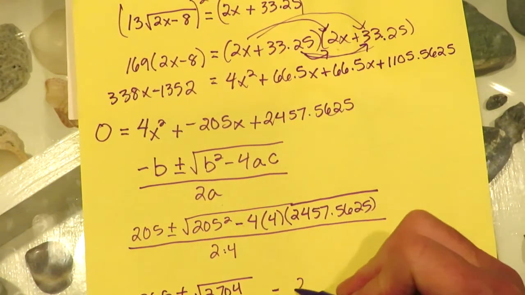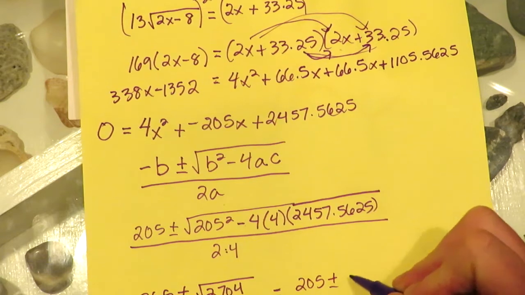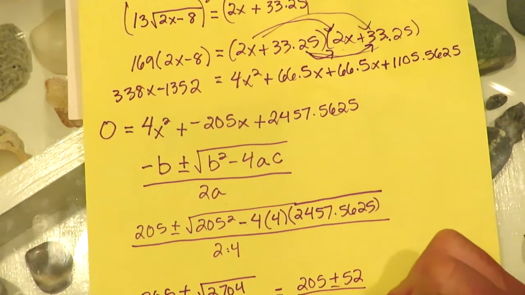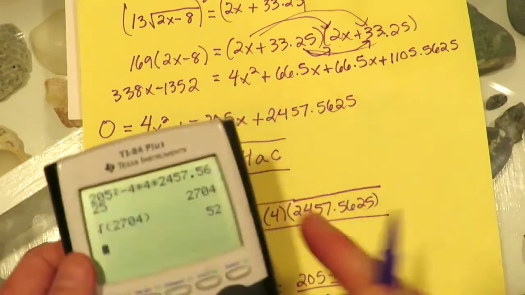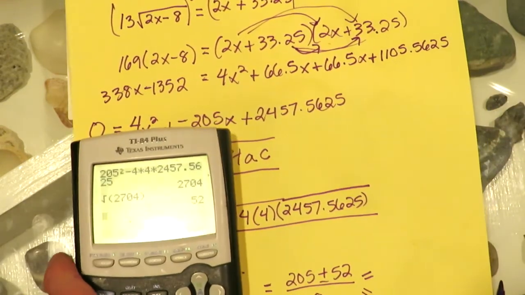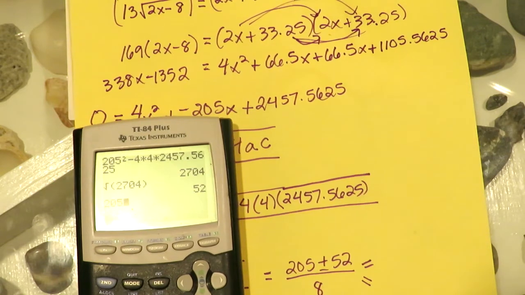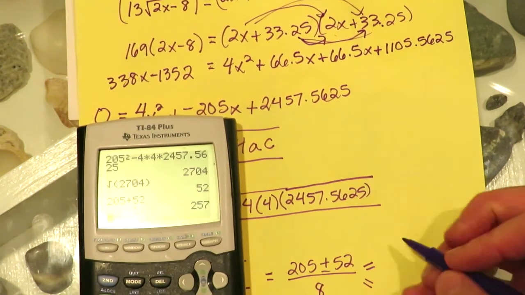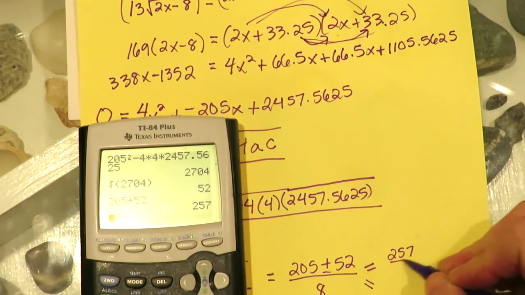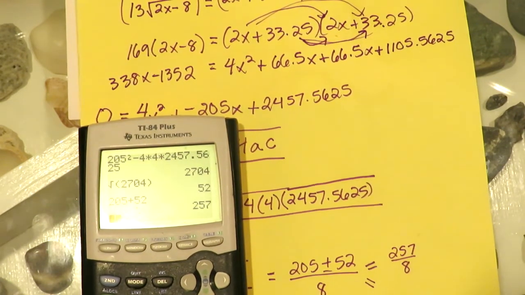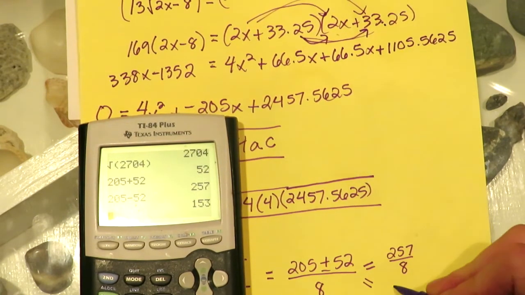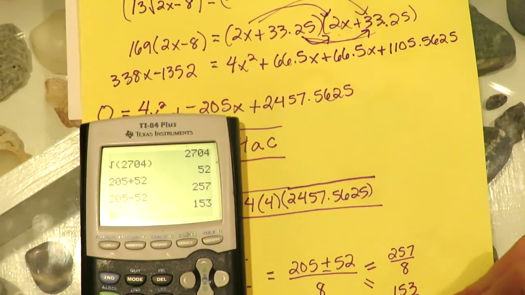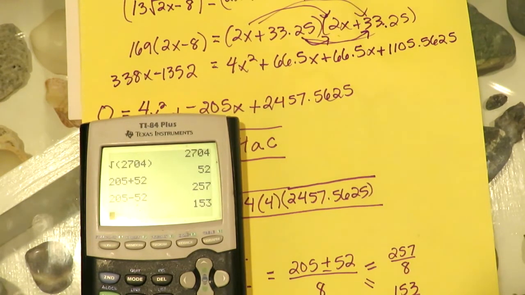Okay, so 205 plus or minus 52 over 8 gives me two possible answers. One of the possible answers is going to be 205 plus 52 over 8, so 257 over 8, or 205 minus 52, which is 153 over 8. And those are my exact answers.